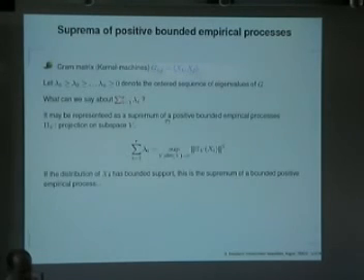So now, an example of a supremum of positive bounded empirical processes that shows up in SVM analysis. I think it's an idea from Shawe-Taylor and coauthors last year. Consider the Gram matrix.